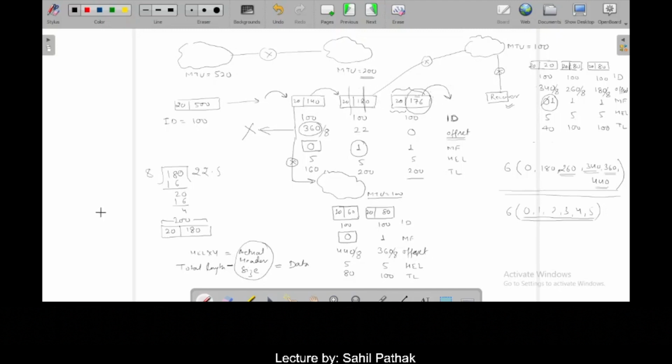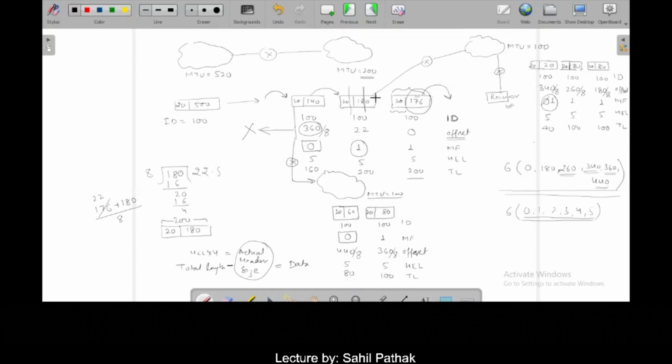You can also see that this 180 is not going to divide by 8. 176 is now divisible by 8, but we have to use 180 to calculate the data bytes ahead of this. If we divide by 8, 176 will be fully divisible by 8, but this 180 is not divisible by 8.